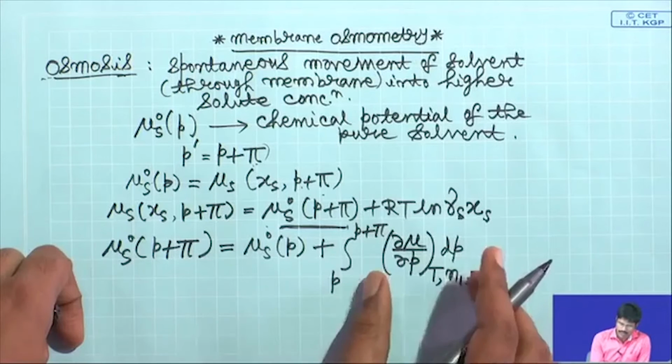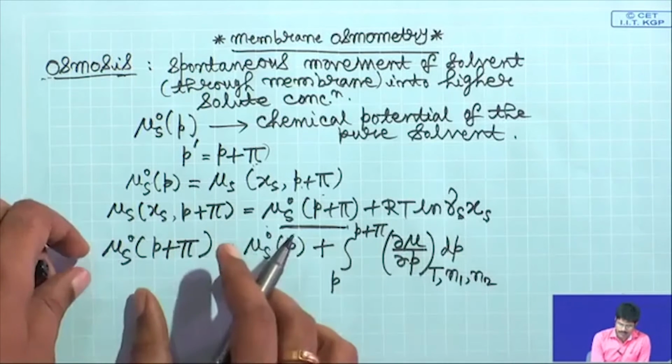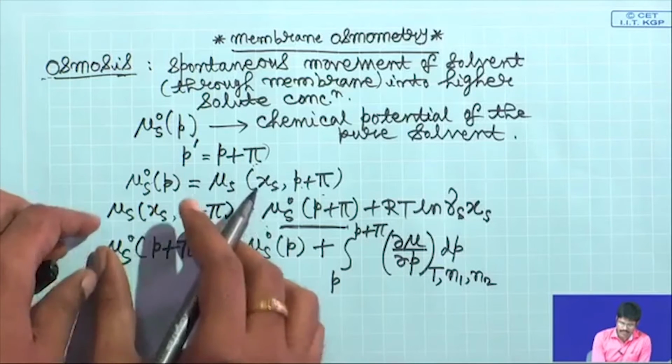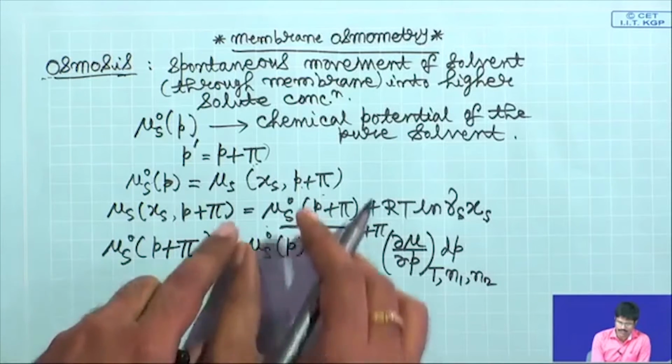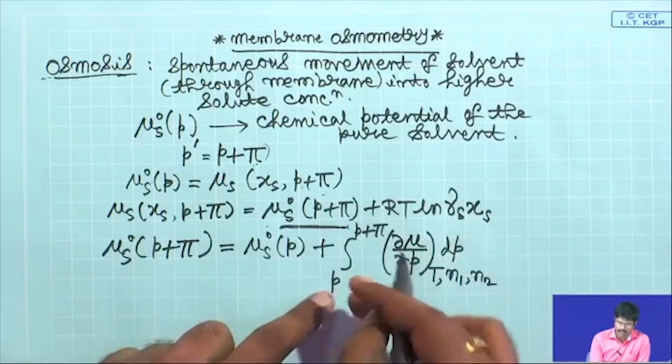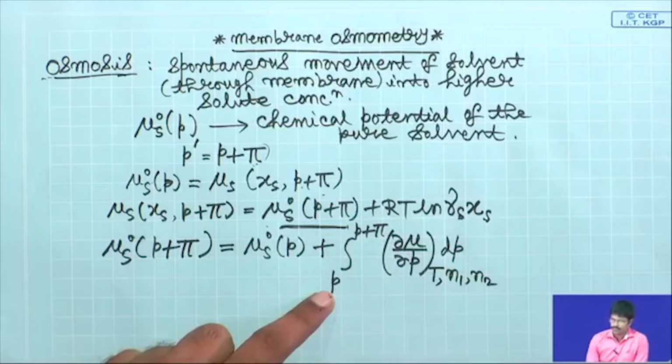So you have to do some work, and then only they become equal. The chemical potential of the pure solvent at higher pressure is equal to the chemical potential of the pure solvent at a lower pressure, plus the work you have to do to go from P to P plus pi.